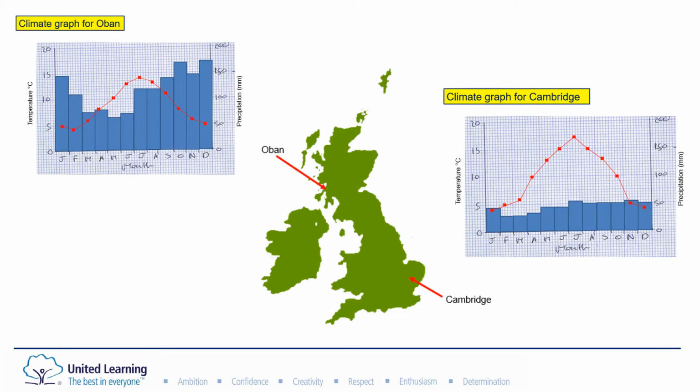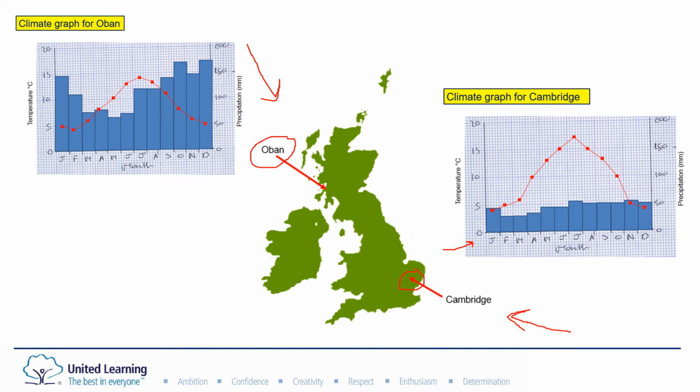Again, just to recap what we did last lesson, if you remember, Oban up in the northwest experiences high amounts of rain and colder temperatures, whereas down in Cambridge in the southeast it has a lower amount of rain and warmer temperatures. And this is all due to the types of air masses that come in towards that area.